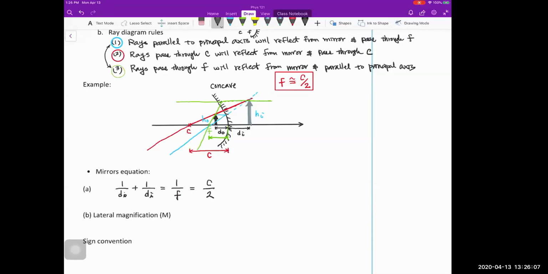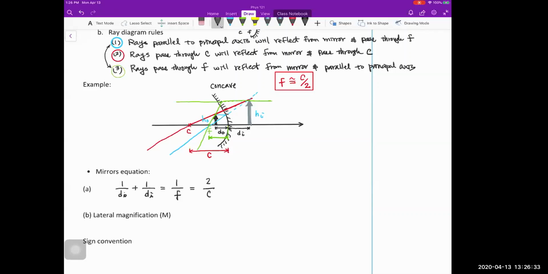Yeah, it should be 2 over C, right? So this will be 2 over C over here. So once you want to find the location, you can use this equation to find the location.